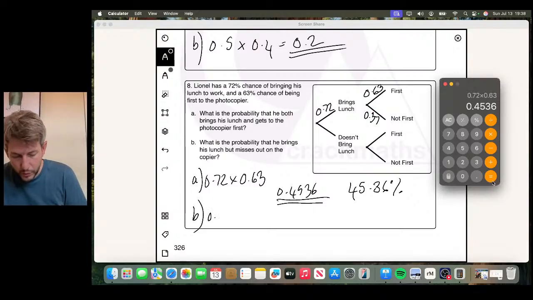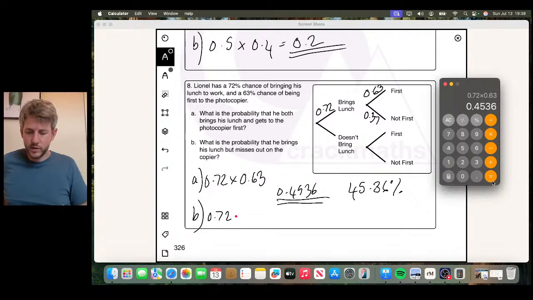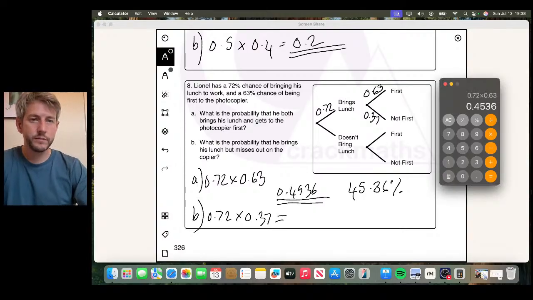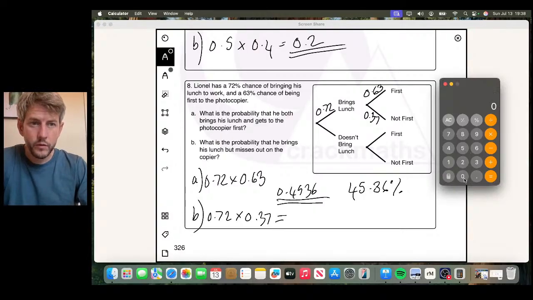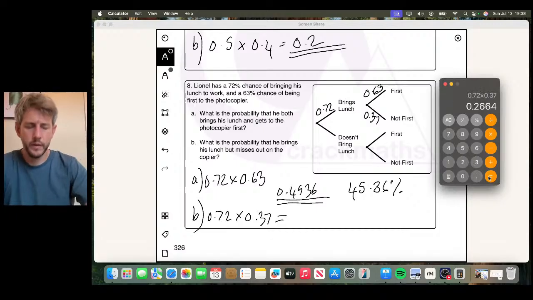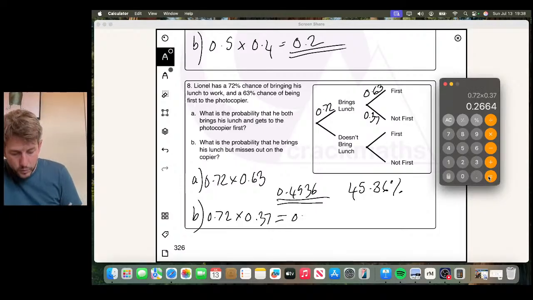So we're going to do 0.72 times 0.37. Let's see what that gives us. Here we go. That's 0.2664, which would also be 26.64%.